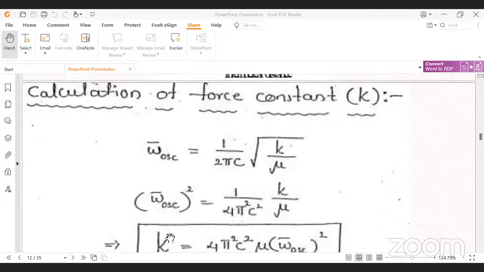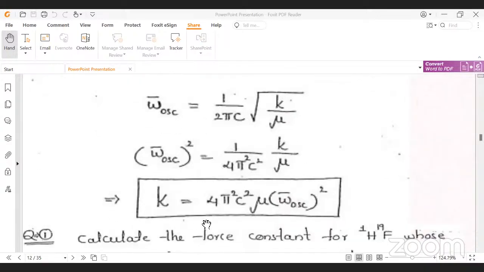Then the calculation of force constant. It is important and will come in problems also. Earlier we discussed this equation: ω̄ oscillation is equal to 1 by 2 pi c root of k by mu. Removing the root, we square it, and ω̄ oscillation squared is equal to 1 by 4 pi squared c squared into k by mu.